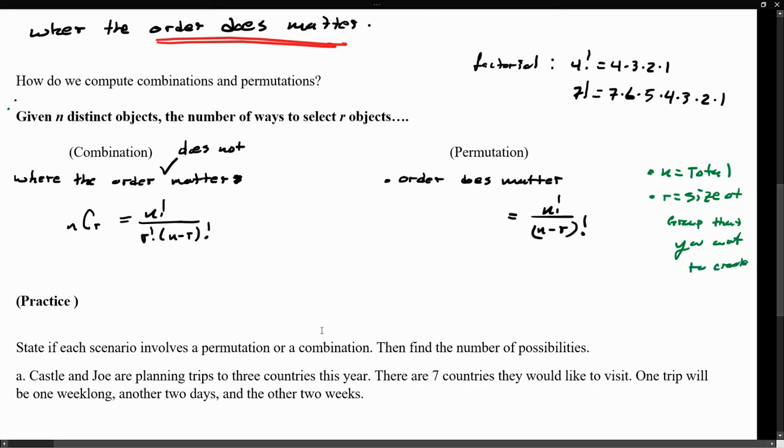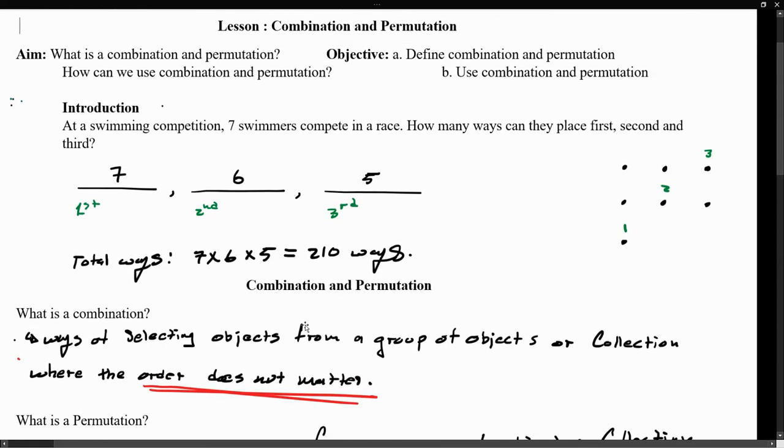In this case n will be equivalent to 7 since there were 7 swimmers, and r will be equivalent to 3 because we wanted to create groups of 3. And why is it that there were groups of 3? Because you need 3 possible selections to fit the characteristics that we were given in this problem.